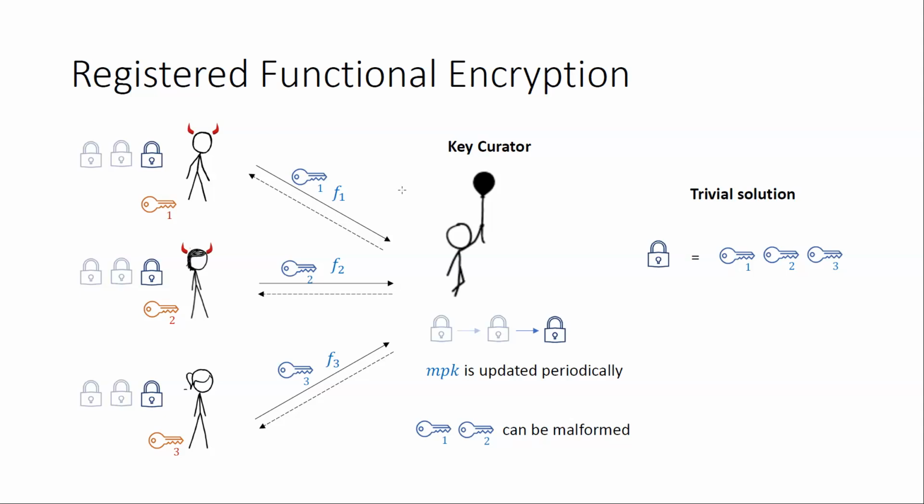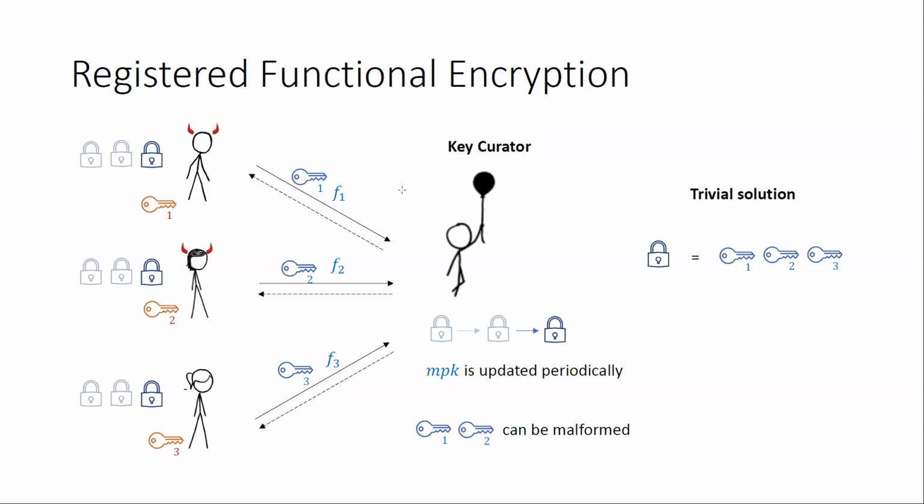Only the users know the secret key associated with their public key, and upon encryption they can decrypt and learn the function of the plaintext by using their own secret key together with the master public key. This master public key is updated periodically and handed to the players, so that the players can encrypt every time with the updated master public key. The public keys handed by the players can also be audited.